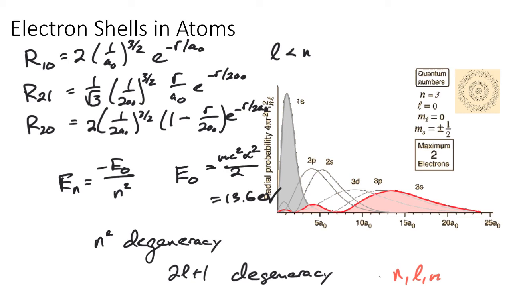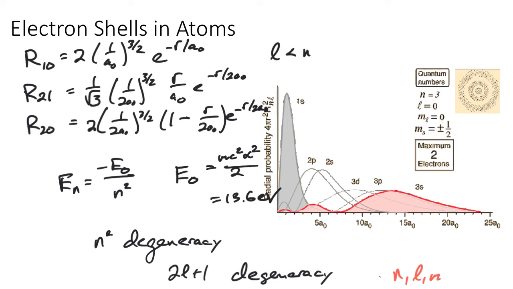However, the extra electrons are going to break the n squared degeneracy, but not the 2l plus 1 degeneracy of any state. And before I go to the next page to talk about that, I will note that I've used a plot of the radial probability densities.